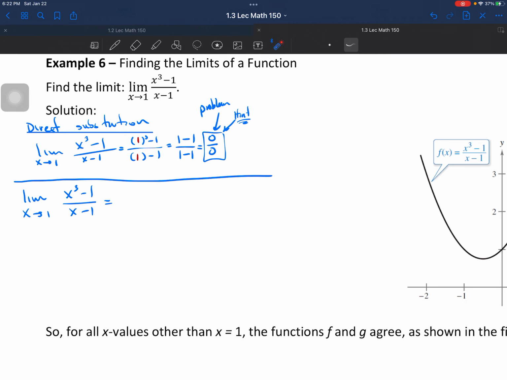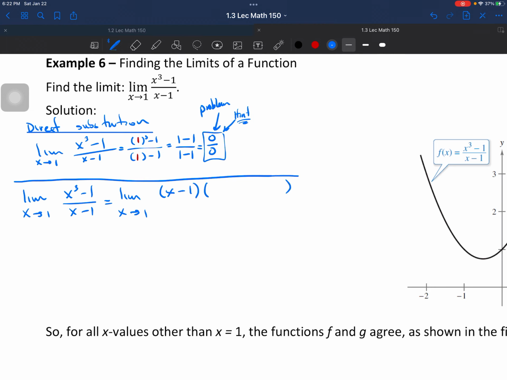Well, we can factor x cubed minus 1 by factoring out an x minus 1.